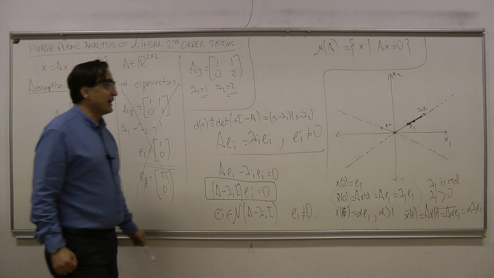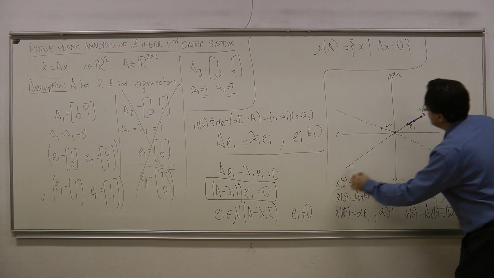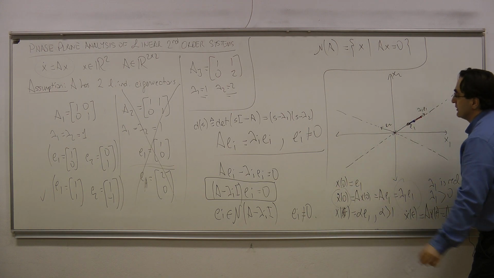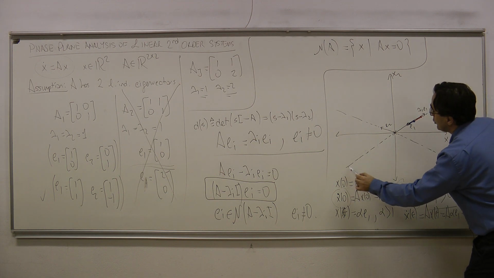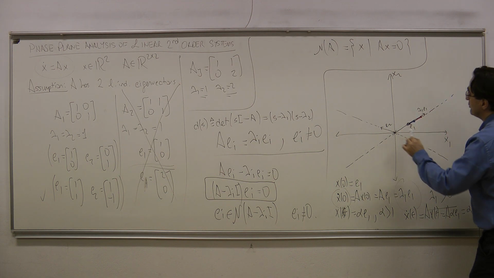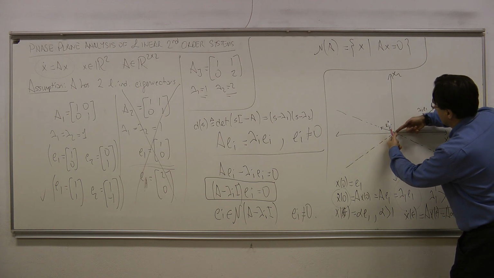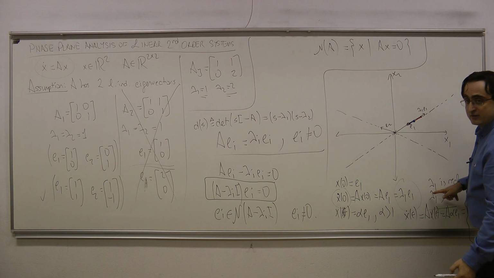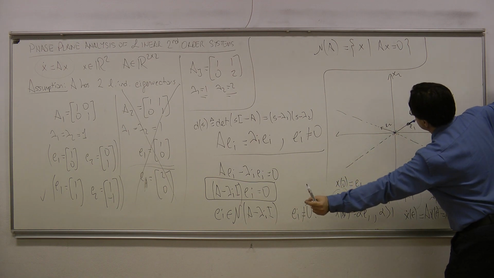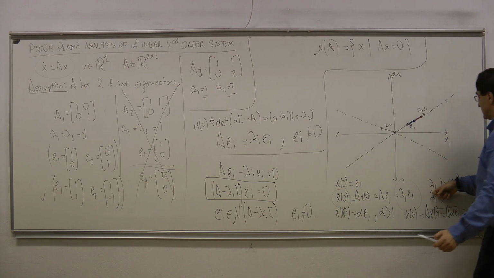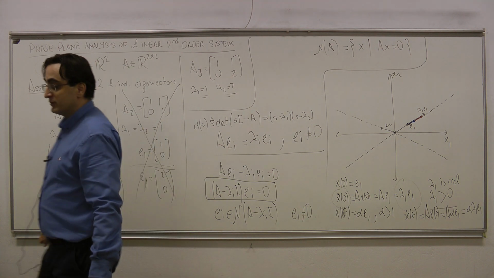If I start the system somewhere on this line, the system state would always remain on this line. It would be either going towards the equilibrium point at the origin if lambda 1 is smaller than 0, or it would diverge towards infinity if lambda 1 is larger than 0.